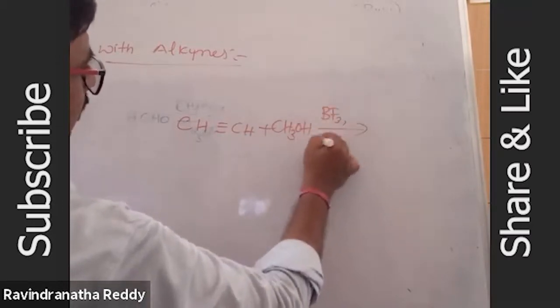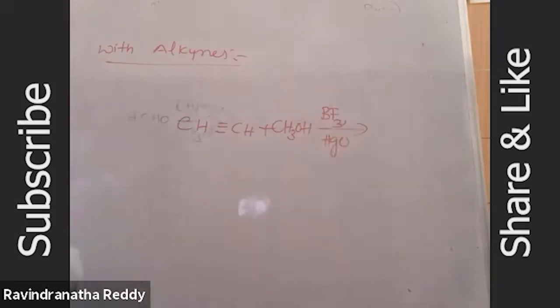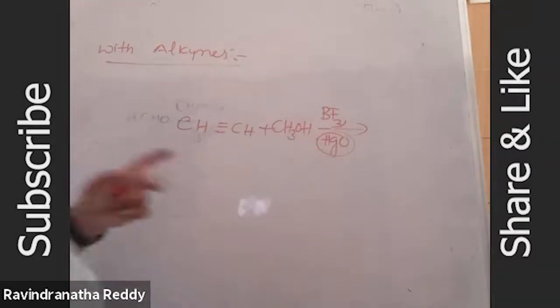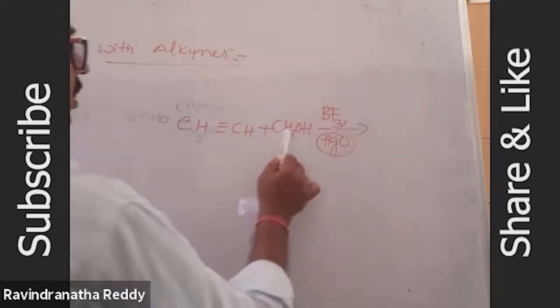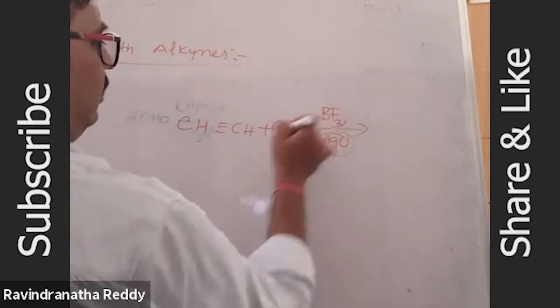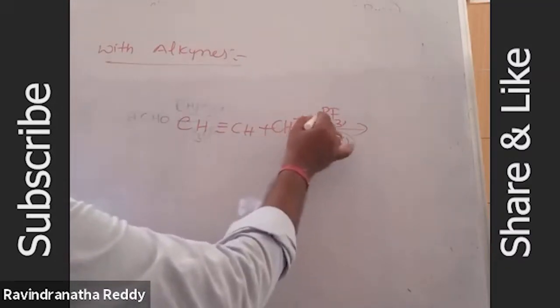Reagent: BF3, HgO. Heavy metal ion. Generally alkene reaction is electrophilic addition. Here a heavy metal ion is there. This is nucleophilic addition. What you are getting is H plus and OCH3 minus. This is a covalent compound.